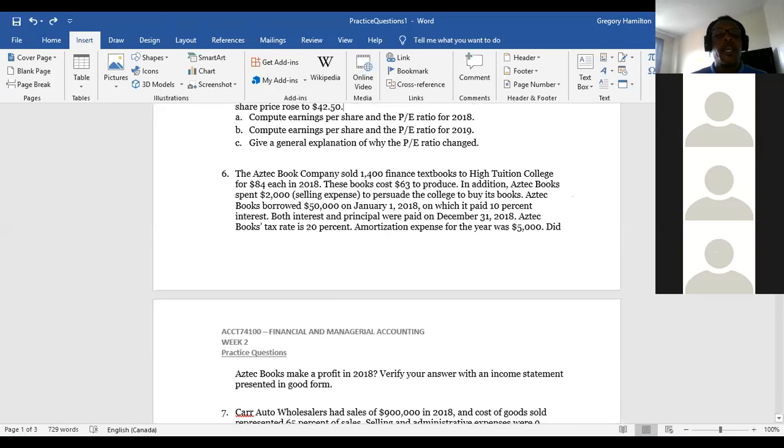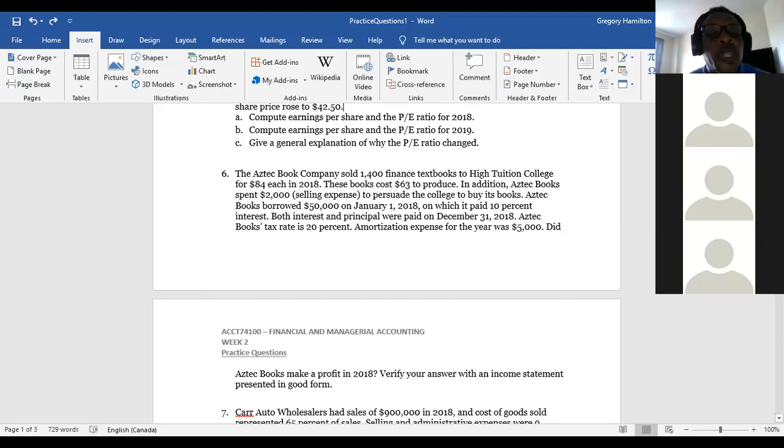it says Aztec Books sold 1,400 finance texts to High Tuition College for $84 each in 2018. These books cost $63 to produce. In addition, Aztec Books spent $2,000 selling expense to persuade the college to buy its books.